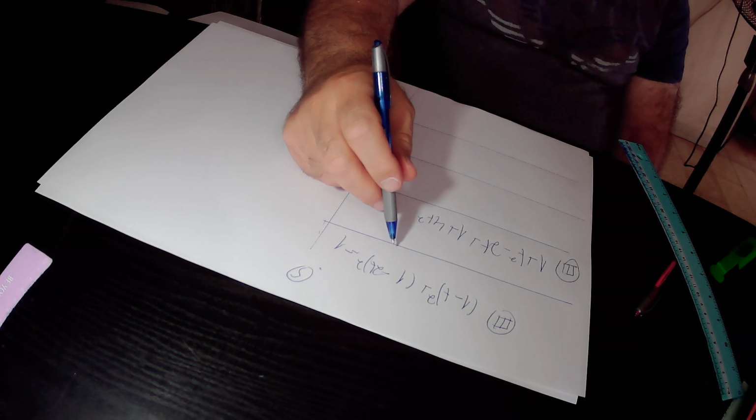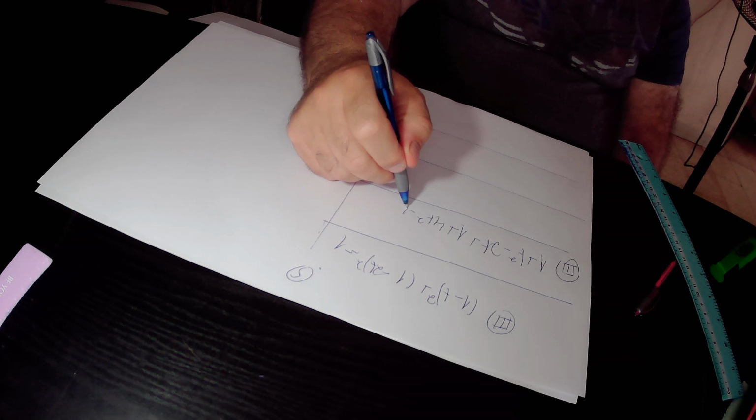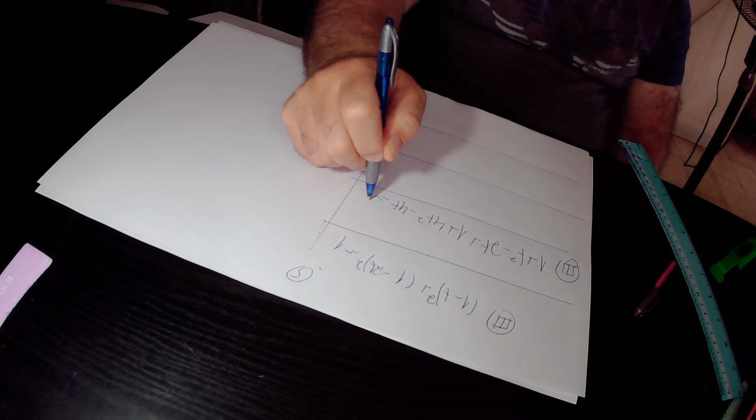So minus 2 times 1 is 2, and 2 times minus 2t is minus 4t. This is minus 4t, and this equals 1.